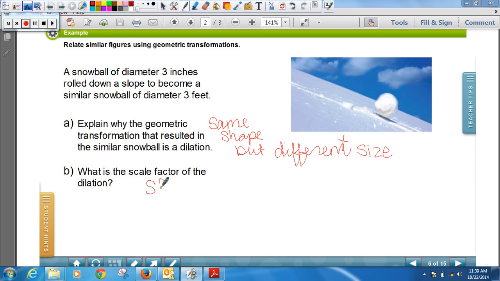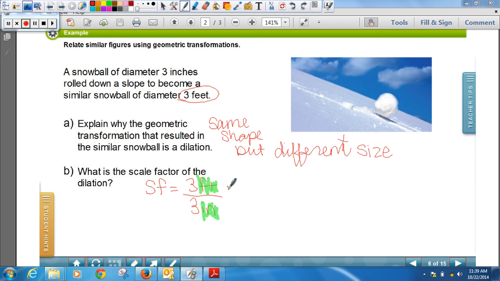The next question says, what is the scale factor of the dilation? Well, remember to figure out scale factor, you put the image, which would be 3 feet, over the original started as 3 inches. The problem here is this. If you notice your units, we've always said to pay attention to those units. Our units are not the same, so we need to change them to be the same.